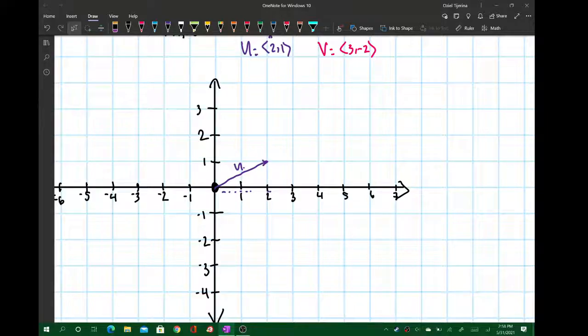So it'll be 1, 2, 3, and then down 1, 2. So it'll be right over here in reality.